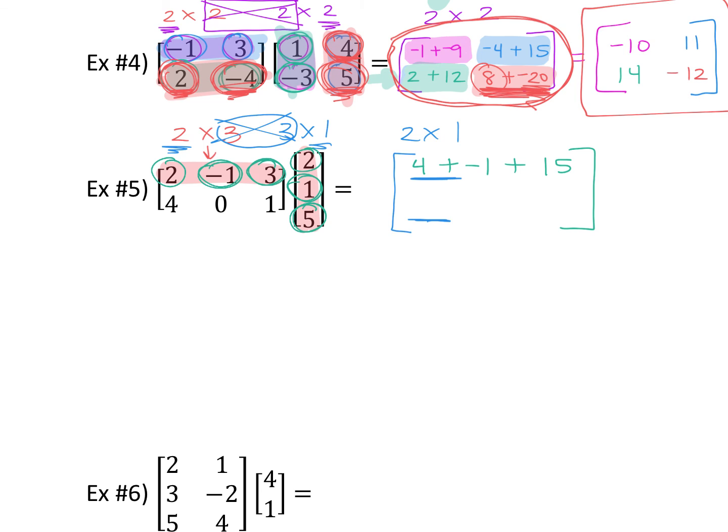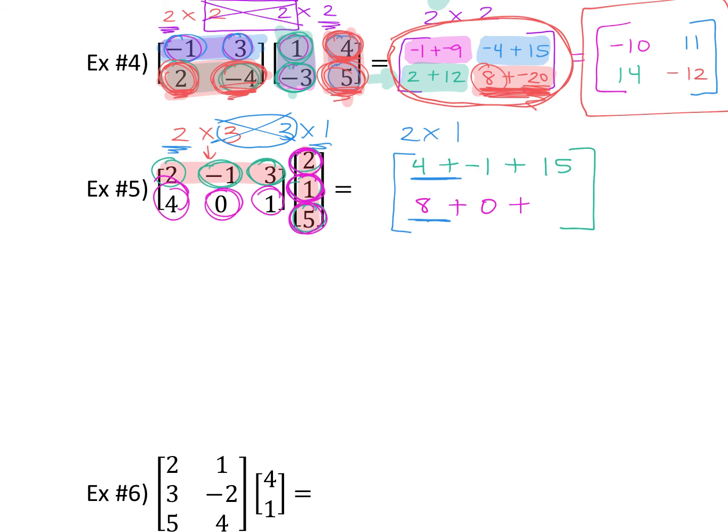All right, so on bottom, give me the show your work part. What comes first? 4 times 2, so 8. Then what? 0 times 1, second with second, so 8 plus 0, plus what?